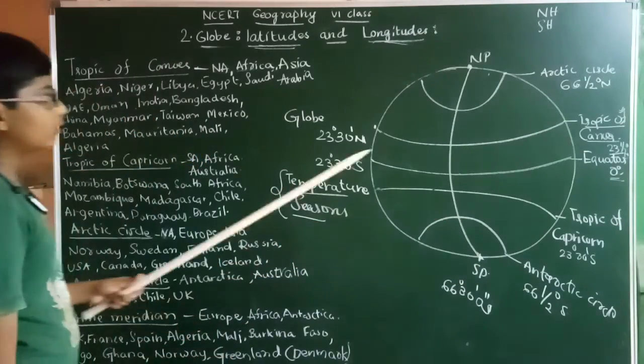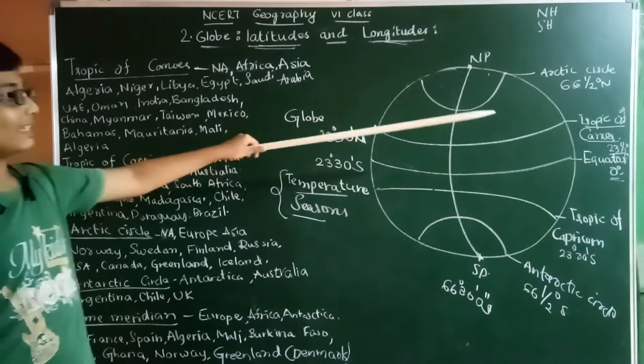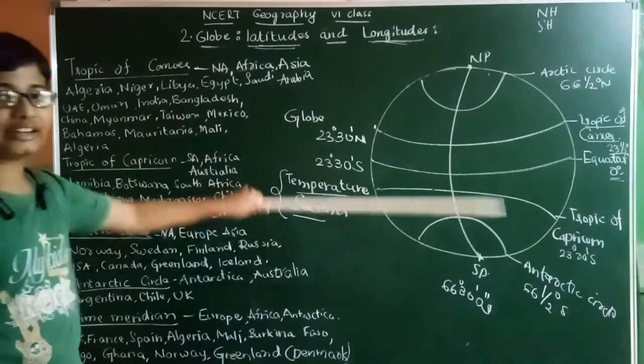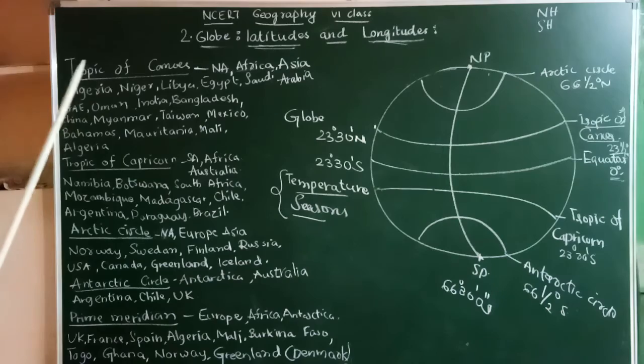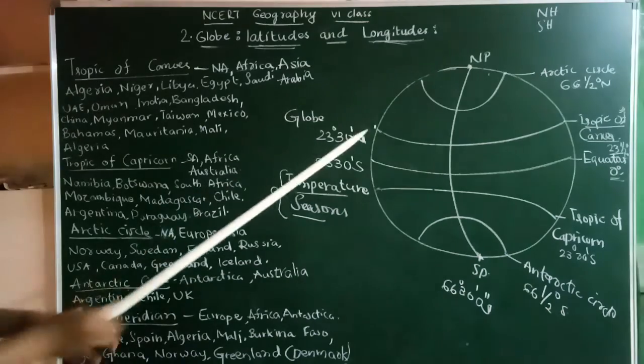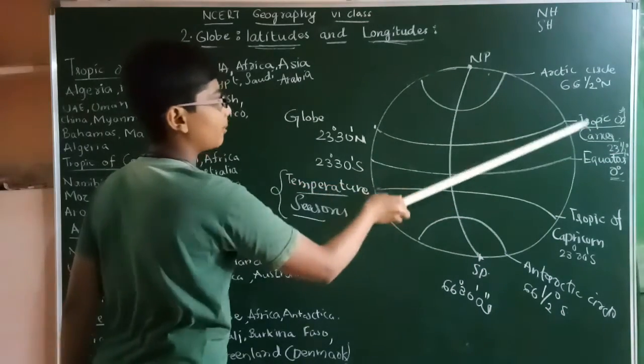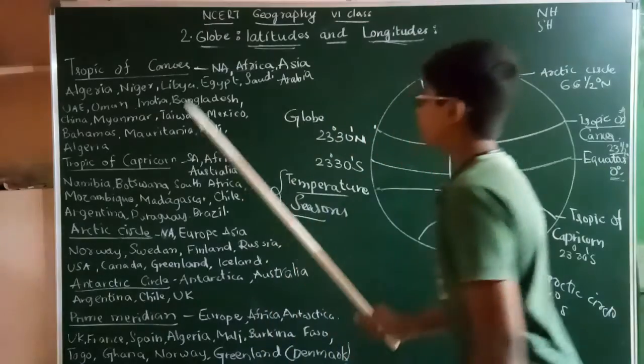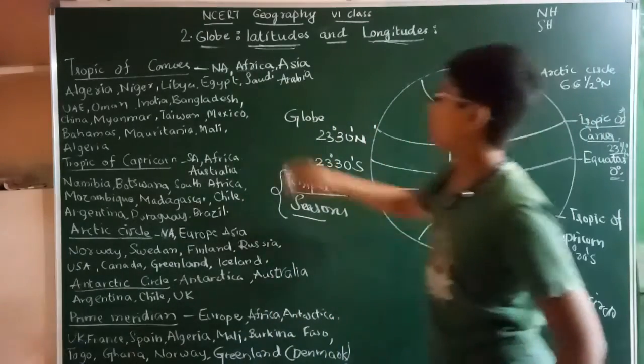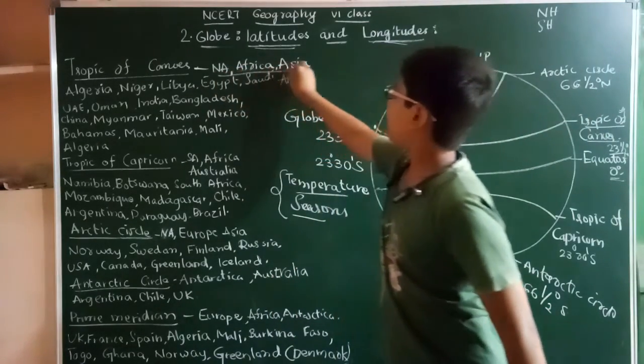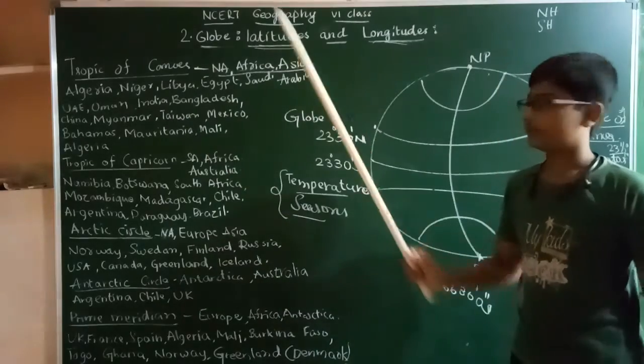Now let's see through which countries these latitudes pass. First, the Tropic of Cancer, 23.5 degrees north. The Tropic of Cancer passes through the North America, Africa and Asia continents.